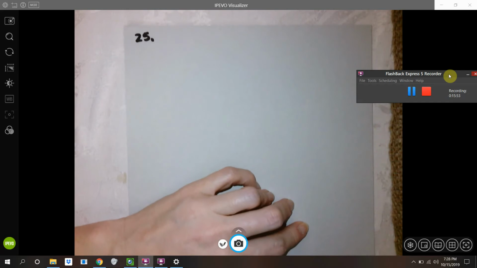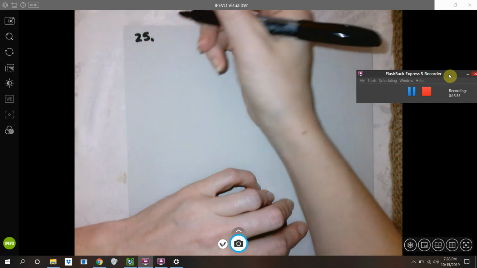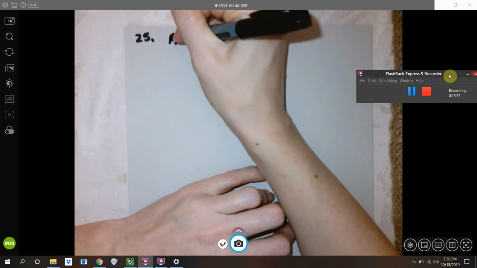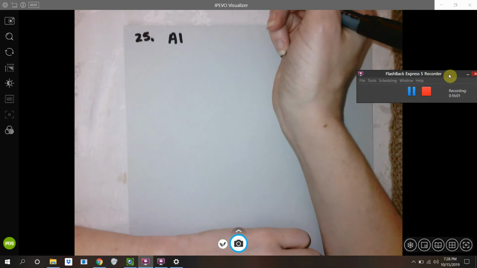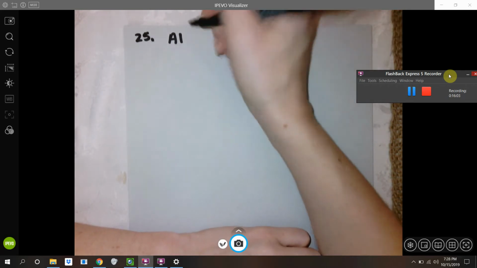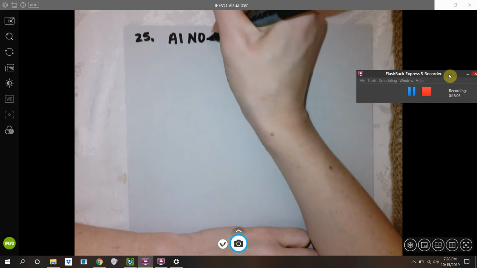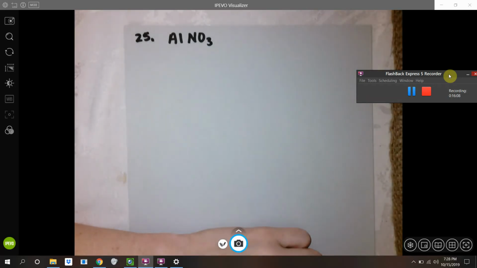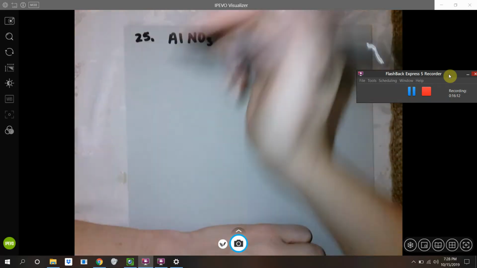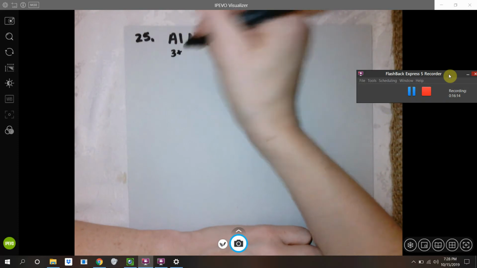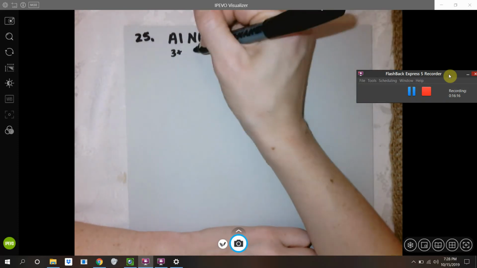Anyway, write the chemical formulas for the following compounds. Aluminum nitrate, Al for aluminum. Nitrate is on your list of polyatomic ions. Don't forget to go and look at it. NO3. We have to balance those charges to make sure the right number of each is involved. Aluminum is 3 plus. NO3, or nitrate, is 1 minus.